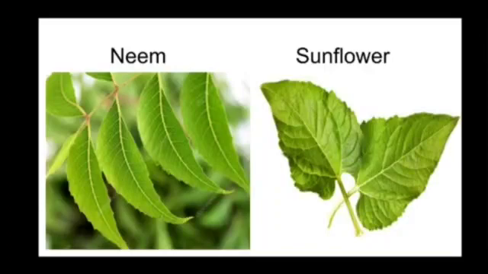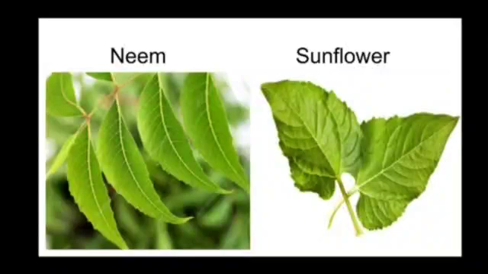Next is smell and texture. Some leaves such as coriander, mint, curry leaves and tulsi have a distinct, different smell. This helps us to identify. We can easily identify that this is a tulsi leaf or coriander leaf or mint leaf with the help of smell. And when we touch leaves, they feel different for different plants.